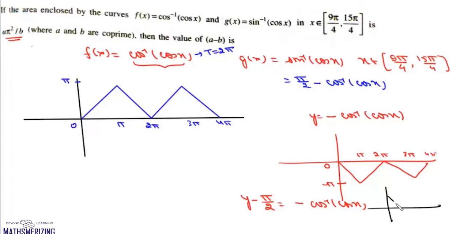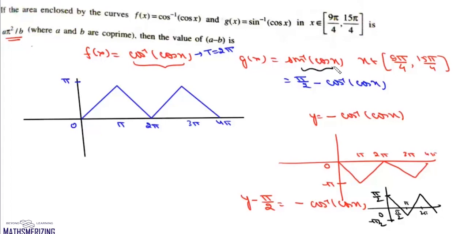We'll get this graph as this. So this is 0, it'll be pi by 2, this is pi, 2 pi, and here it will be pi by 2 and minus pi by 2. So that is the graph of sine inverse of cos x.